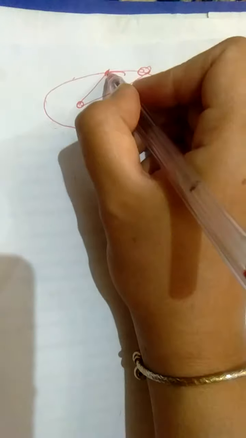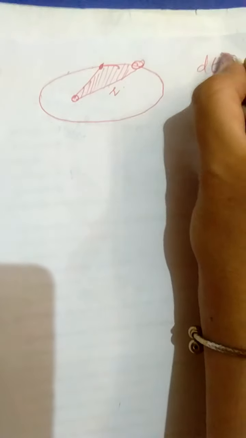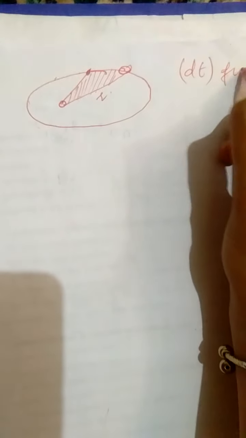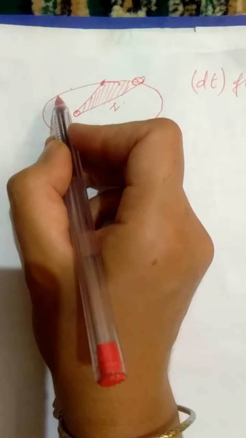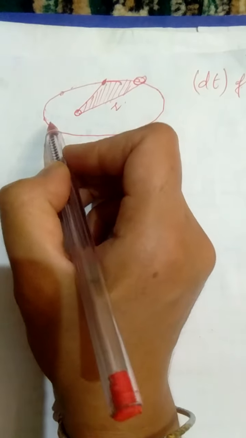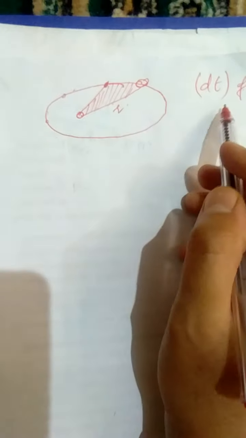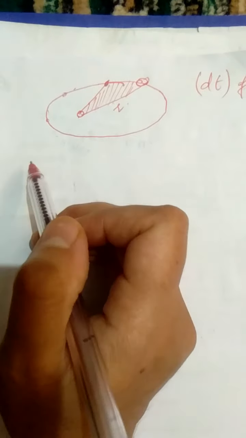So suppose after a certain time its position is here. Whatever area is drawn by the radius vector during a certain time, remember time is fixed, this area will be the same between any two other points in the same time duration from this focal point.